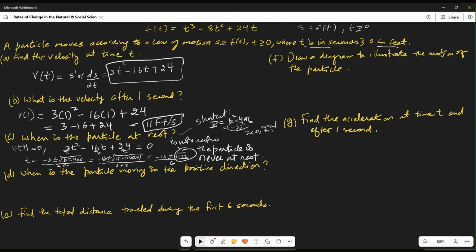Okay, let's move to part d. When is the particle moving in the positive direction? We just concluded that the particle is never at rest, because the velocity never becomes 0.